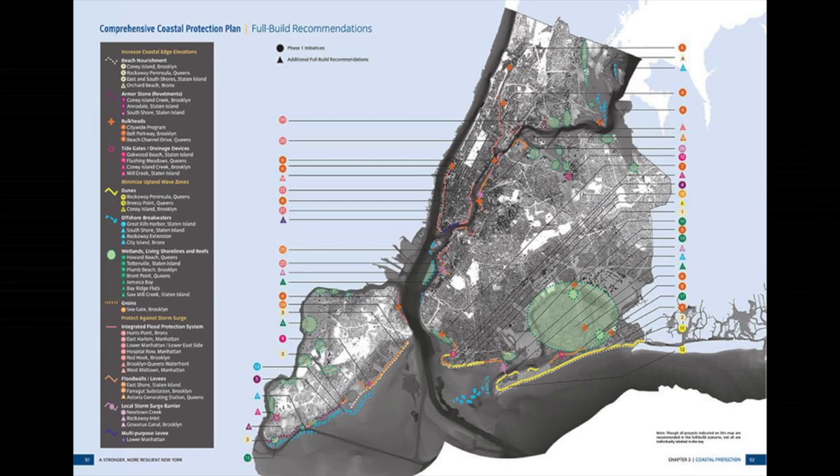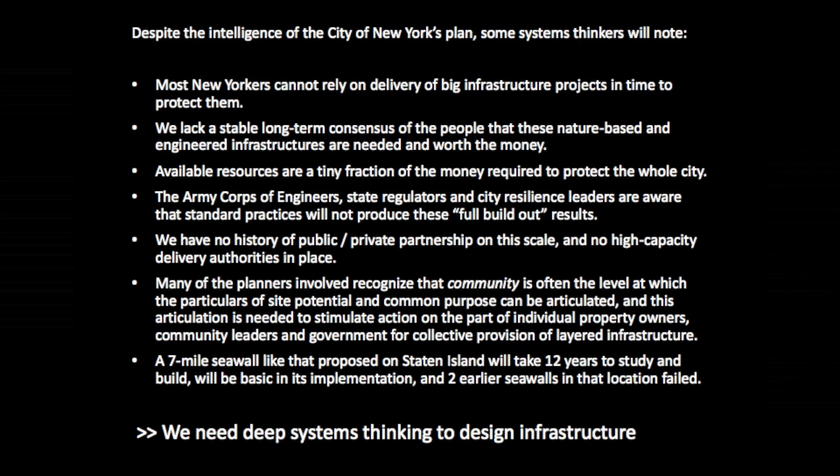This is arguably the most comprehensive, well thought out, thoroughly researched plan that we have in the region. It's based on a lot of systems thinking about coastal protection. But at the same time, despite the intelligence of that plan, some systems thinkers, including the ones who were involved in articulating that plan, will also recognize all these other things that stand in the way of implementation.